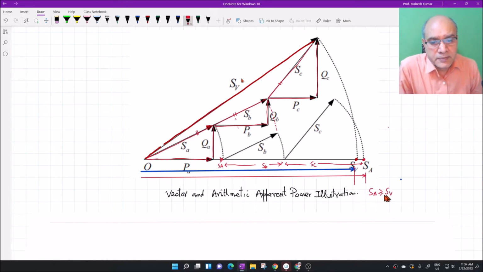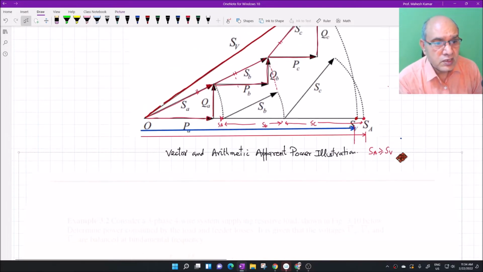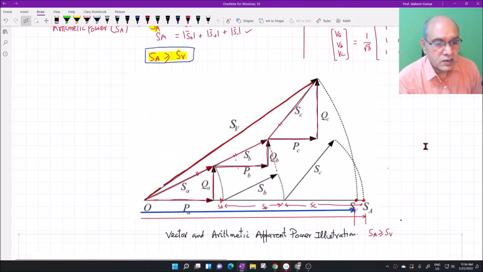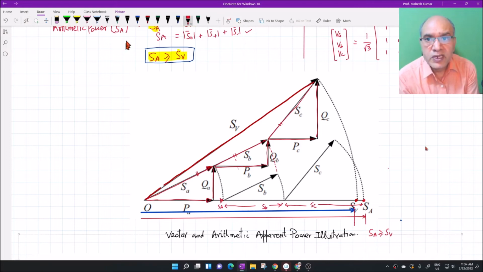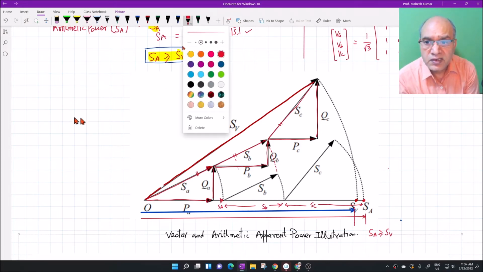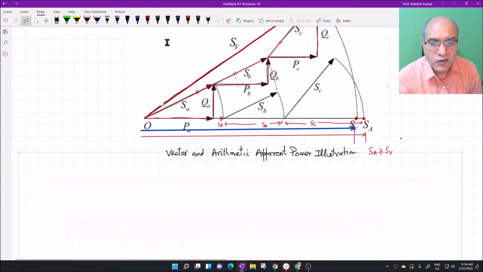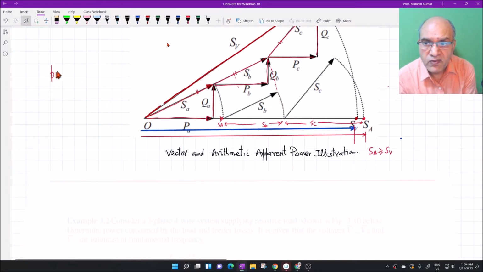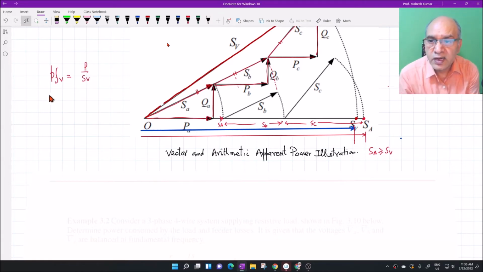Now based on that, the two power factors can be defined. Number one is the arithmetic power factor, number two is the geometric or vector power factor. The first power factor is the vector-based definition, that is PF = P/SB, and the other power factor is arithmetic based, PF(A) = P/SA.